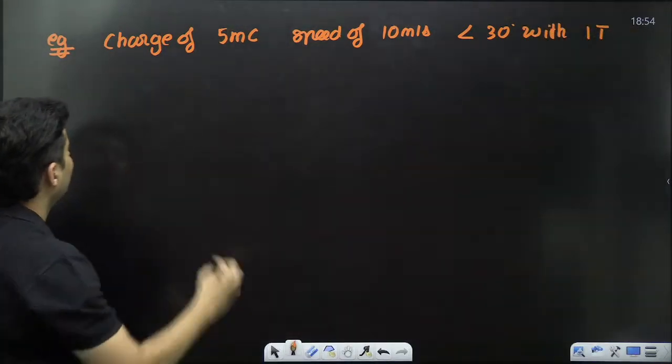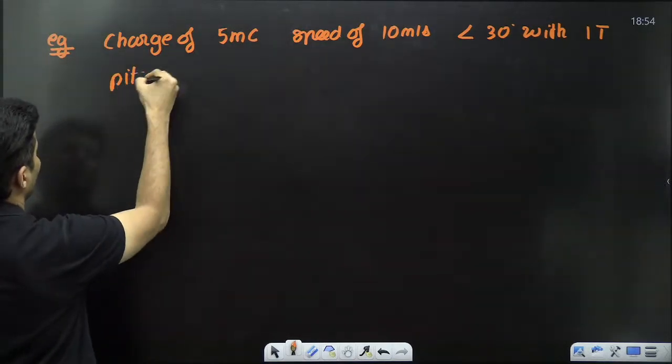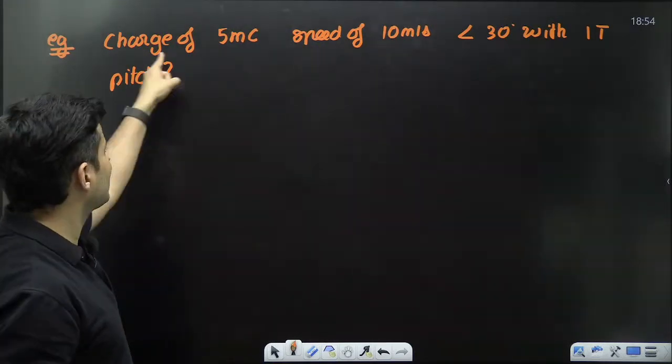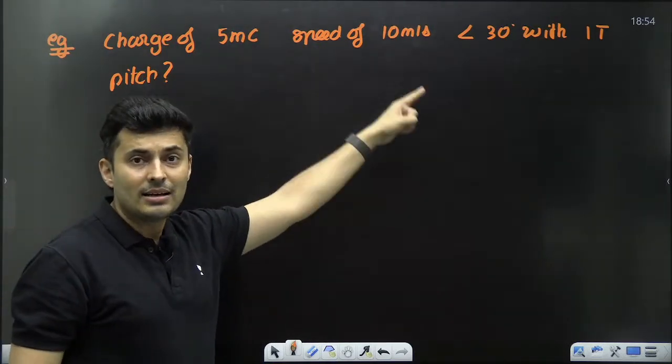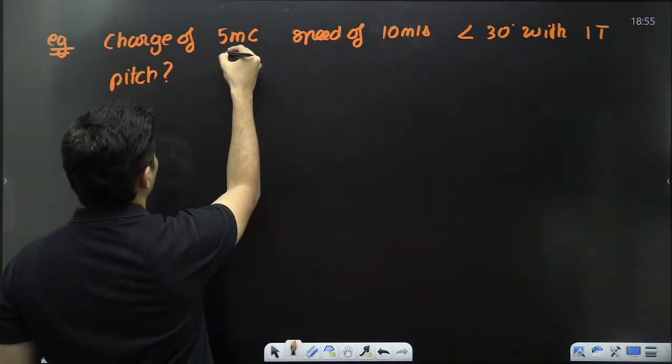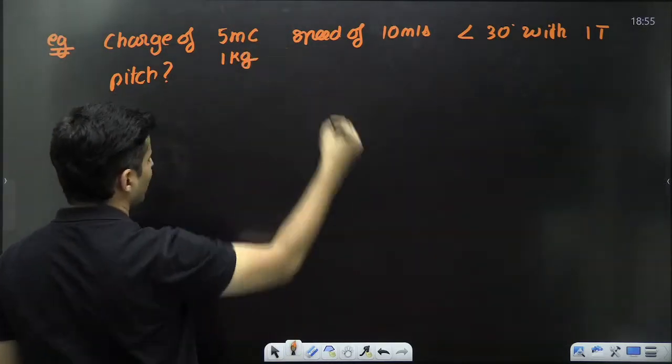If it is thrown, then they ask you what is the pitch of that particular motion, because it is thrown at an angle. You can clearly see it will definitely have some pitch. Let's say the mass is 1 kg.